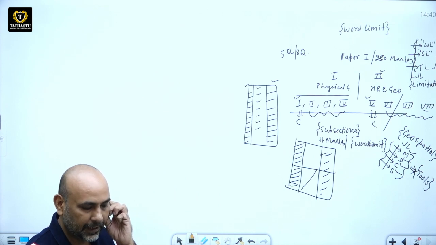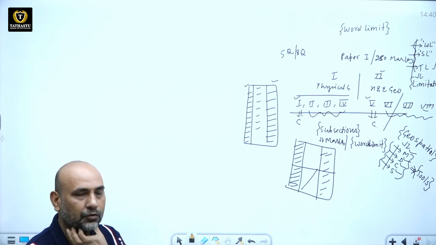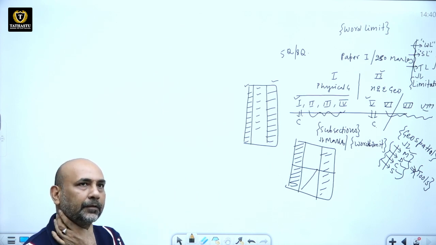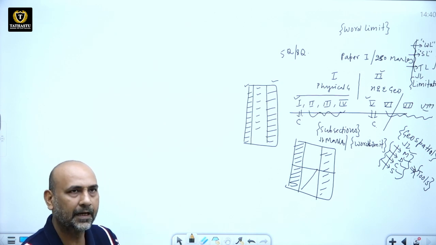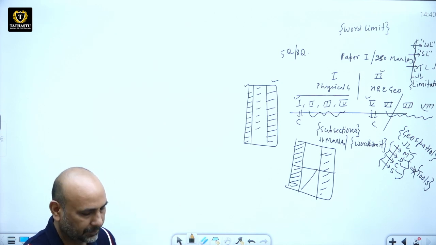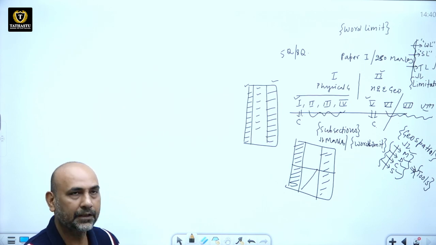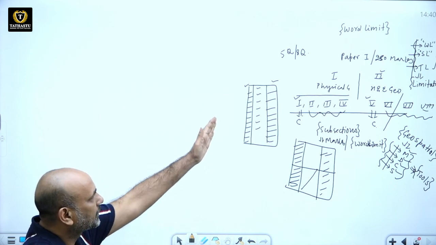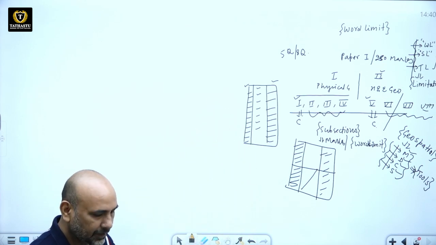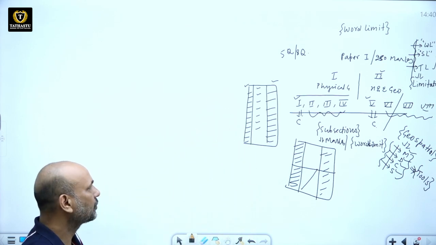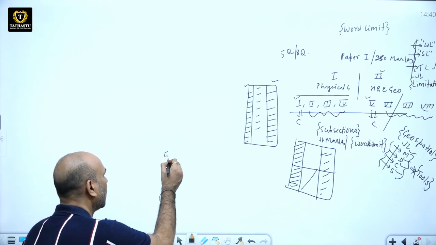First, there are 8 questions divided into 2 sections in each paper. Whether it is the first paper or the second paper, the instructions are the same. Second instruction: the candidate has to attempt 5 questions in all. Out of the 8 questions given to us, we have to attempt 5 questions, which means each question is going to be of 50 marks.